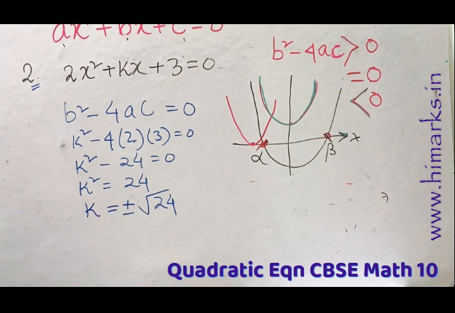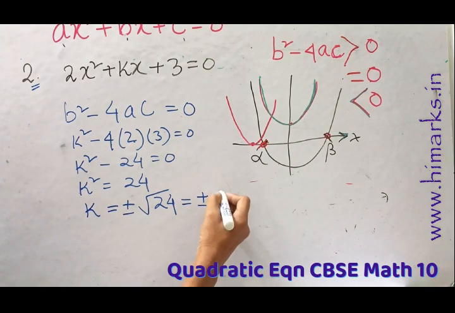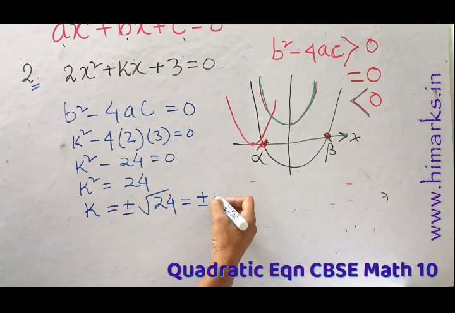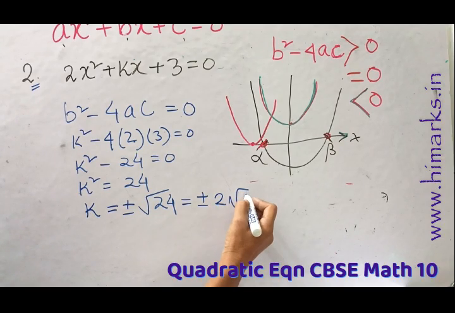So 24 is 4 into 6, correct? 4 into 6. That means it will be plus and minus 2 root 6.